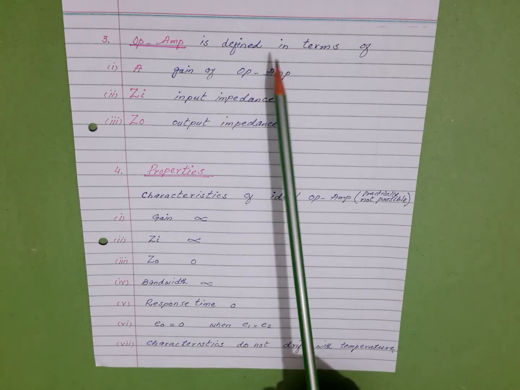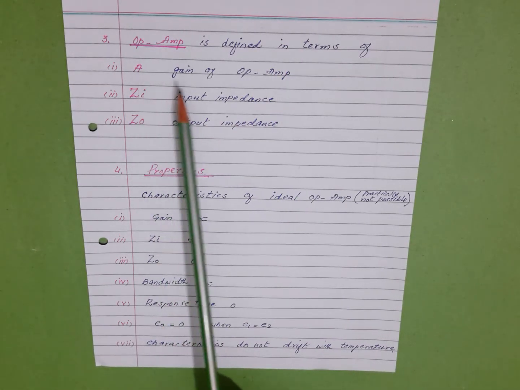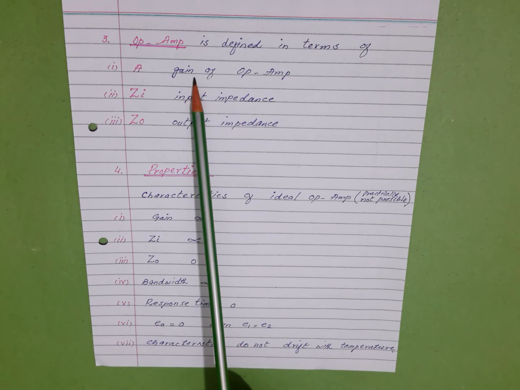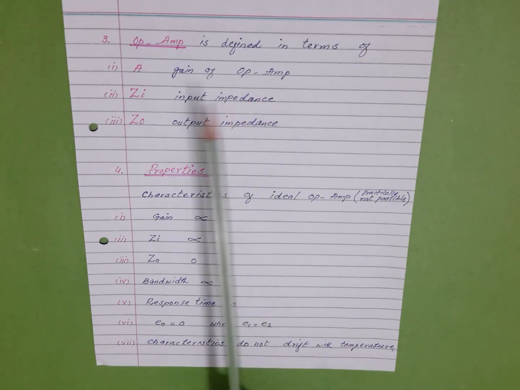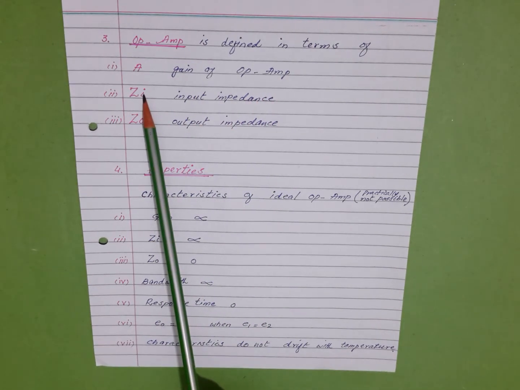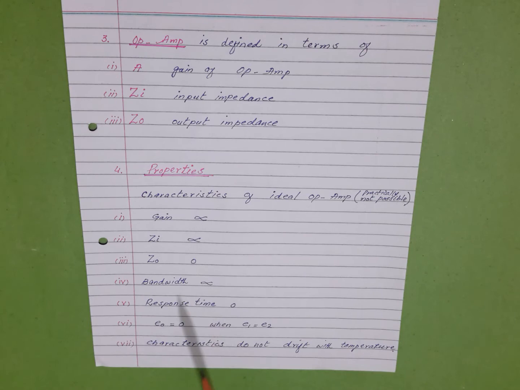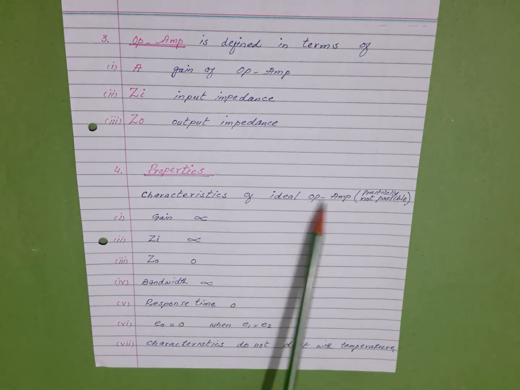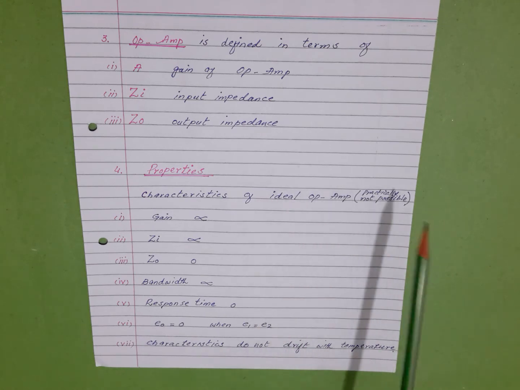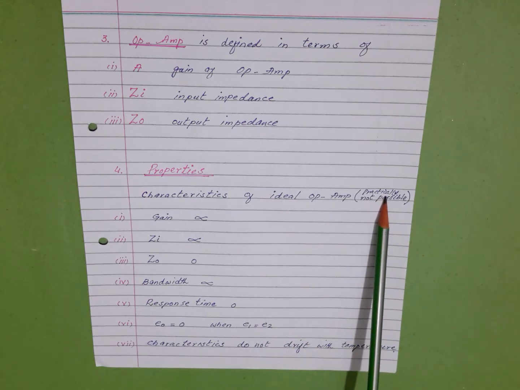Op-amp is defined in terms of A, that is the gain of the operational amplifier, Zi, the input impedance of the op-amp, and Zo, the output impedance of the op-amp. Properties and characteristics of an ideal op-amp: practically it is not possible to have an ideal op-amp.